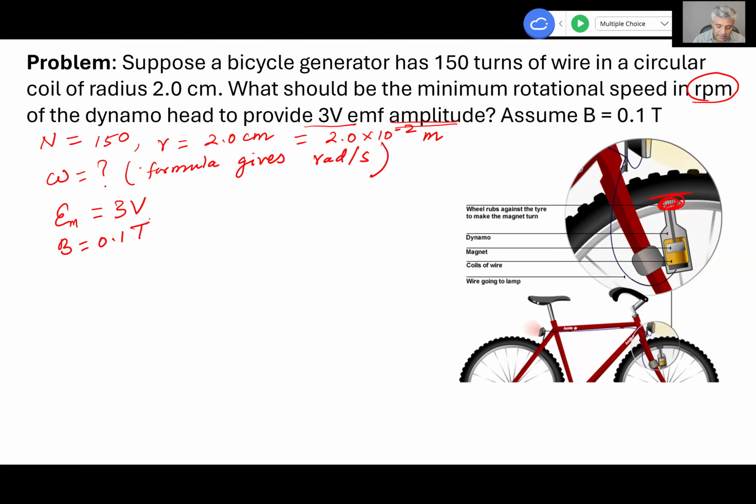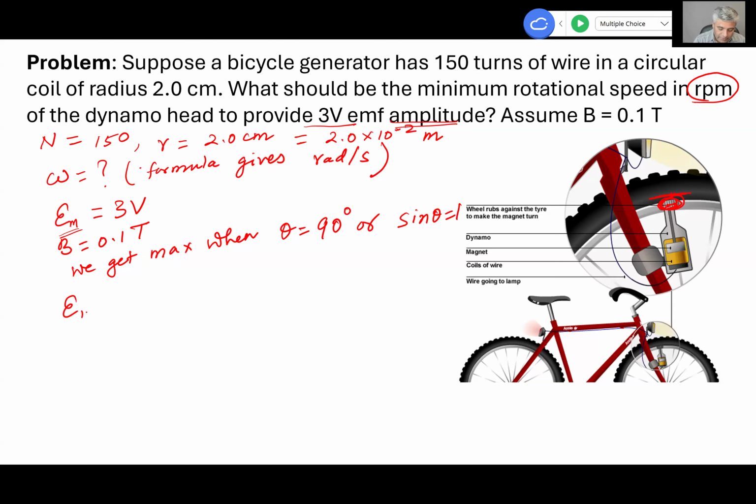We learned that we get the maximum value when theta is 90 degrees, or sine theta is 1. Okay, so that we know.